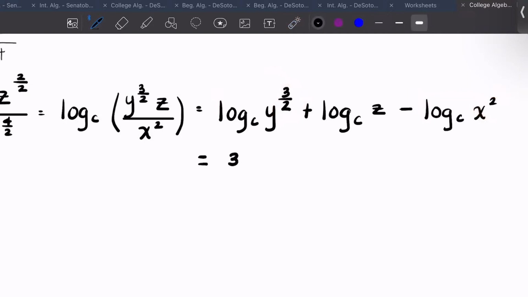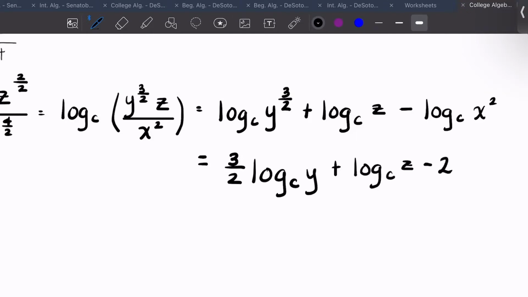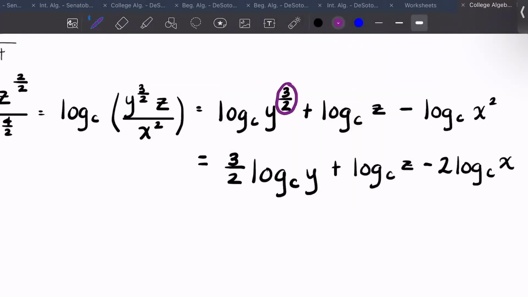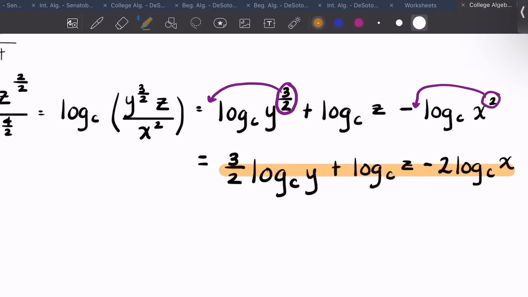So you have 3/2 times the log base c of y plus log base c of z, okay, nothing you could do with that one, minus 2 times log base c of x, okay? So I took my powers and moved them to the front, and I had that, and that was all, okay?